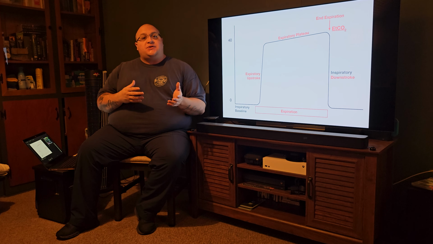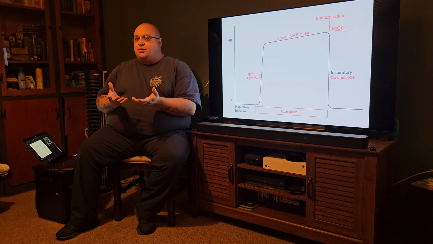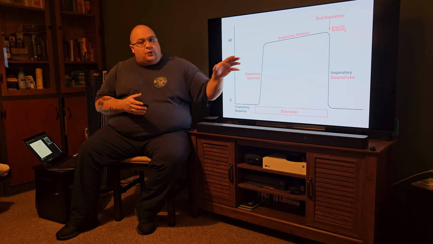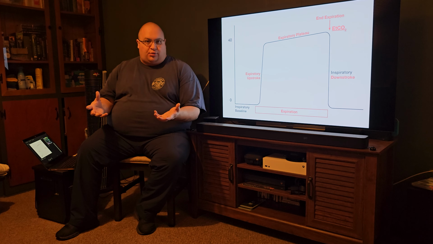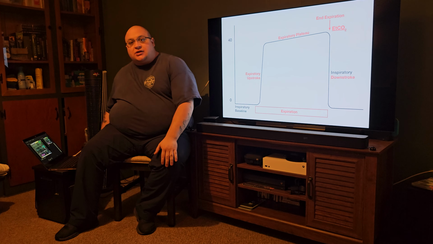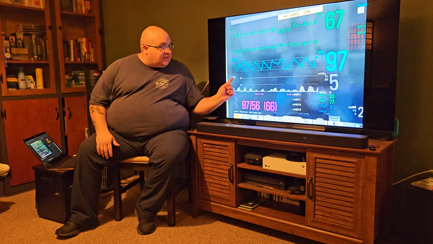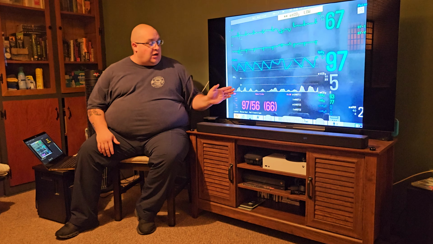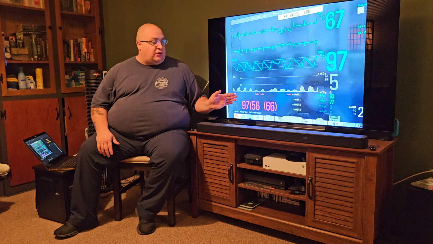The number helps us tell if things are being productive in the body. The waveform tells us if there's a mechanical problem with removing that gas, such as this picture. This is our end-tidal CO2 capnography, and it does not look like that previous graph.